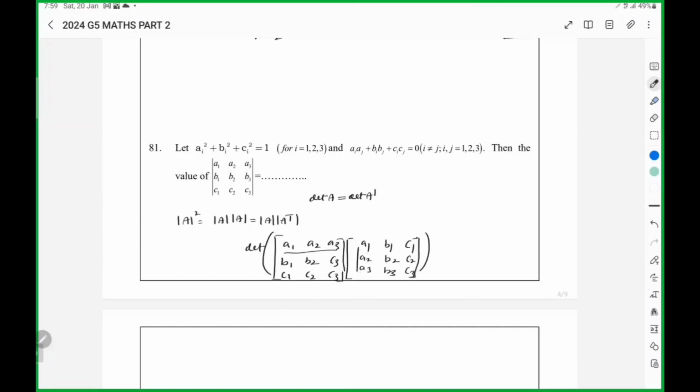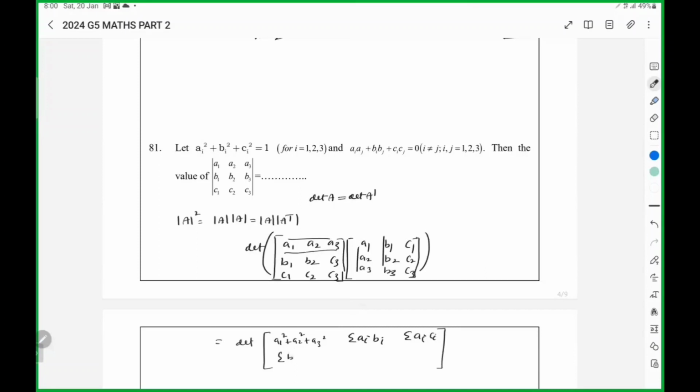So this is A1 square plus A2 square plus A3 square. Here A's and B's combination, A1, B1, A2, A's and C's combination.